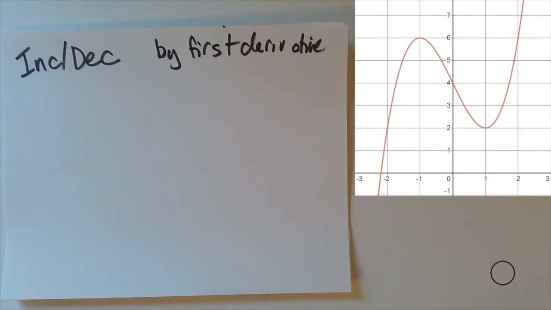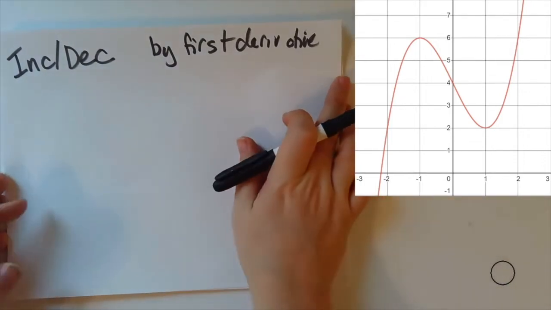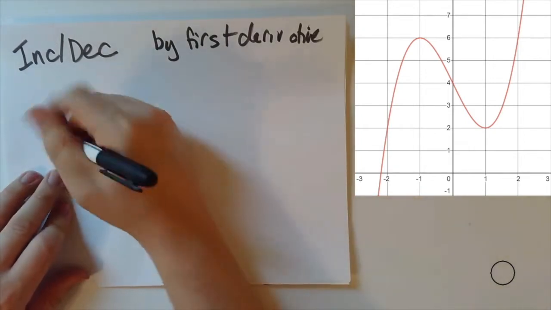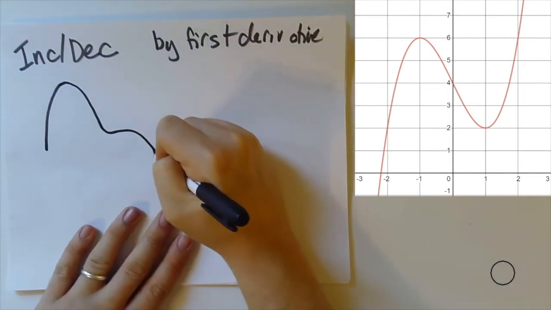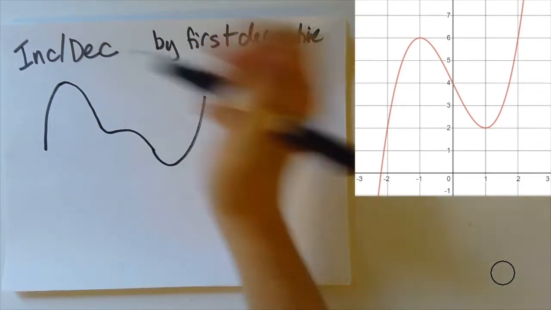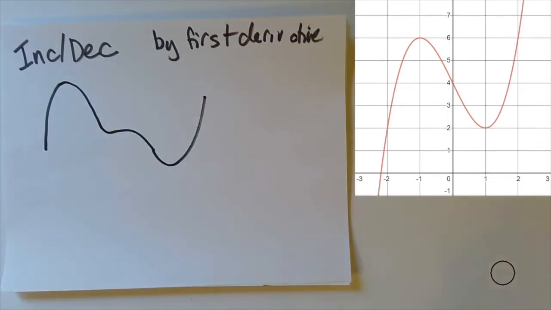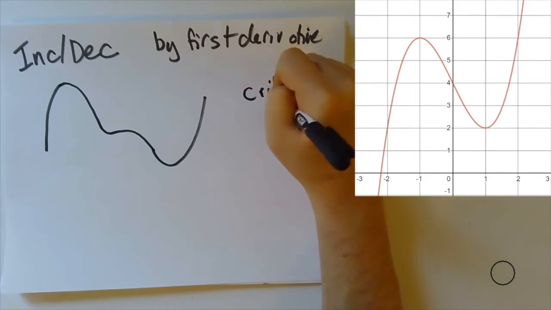Okay. And so here I want to disentangle two separate ideas to help make the rest of this make sense. I'll draw a graph here. The thing we found before is these things that we call critical numbers.